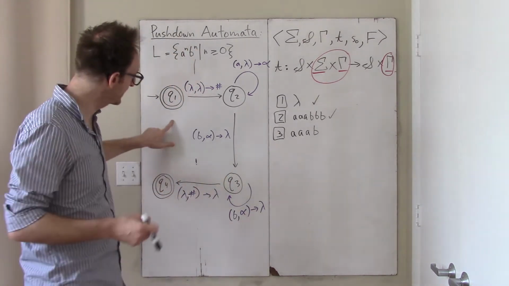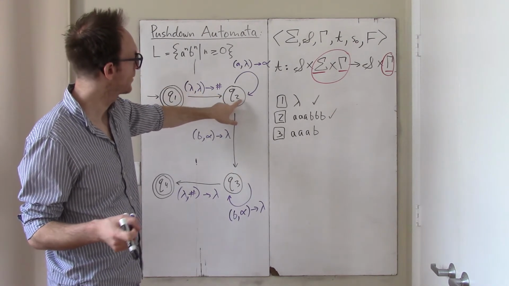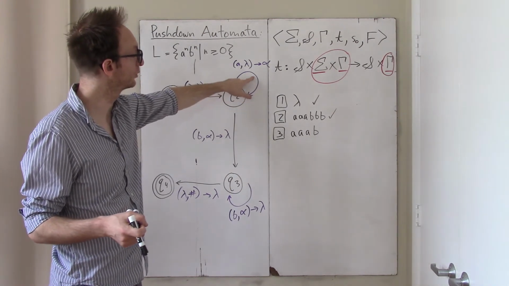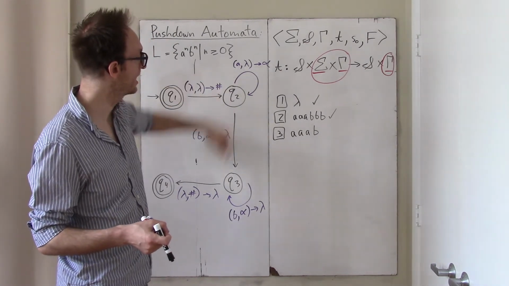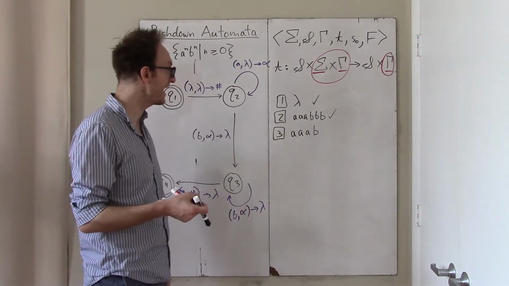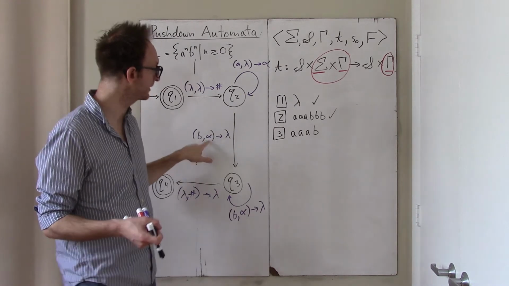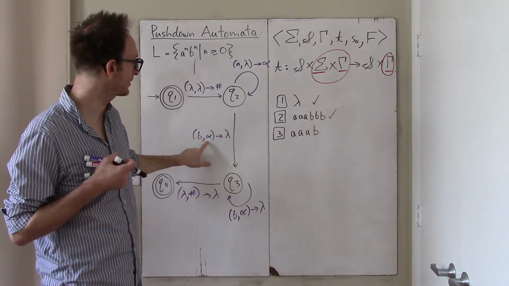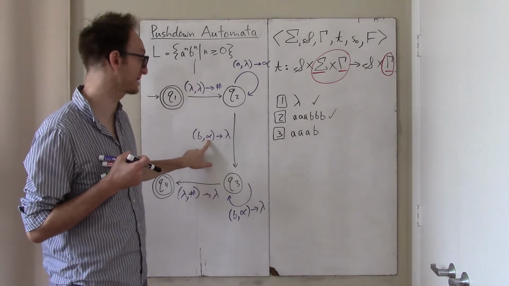We start at the beginning, we push that pound sign, we go to state Q2, we follow this rule 3 times, pushing onto the stack alphas for each of the 3 A's. And then we exit state Q2, following this rule, and what does this rule do? It reads a B, and it pops 1 of the alphas off the stack.